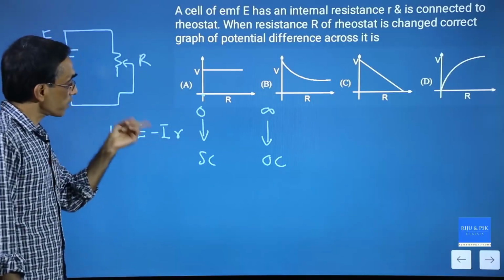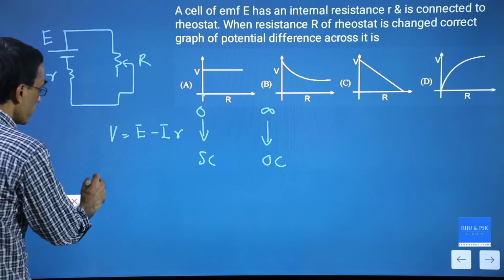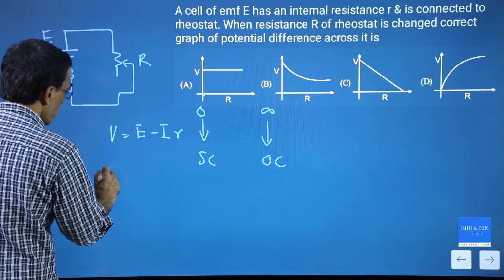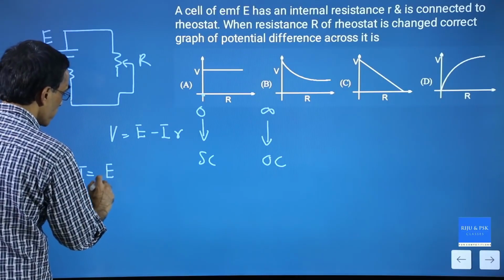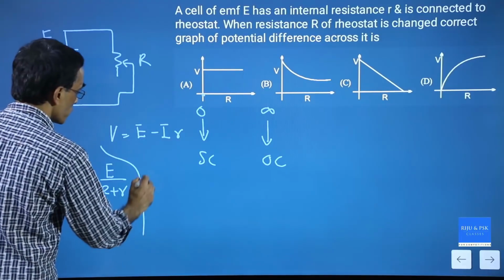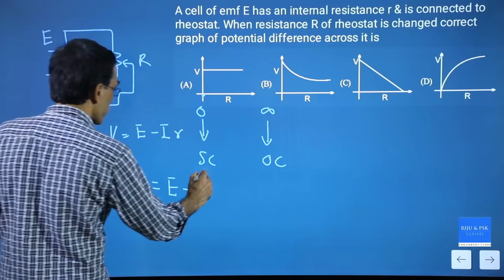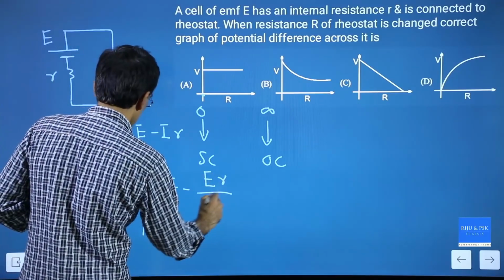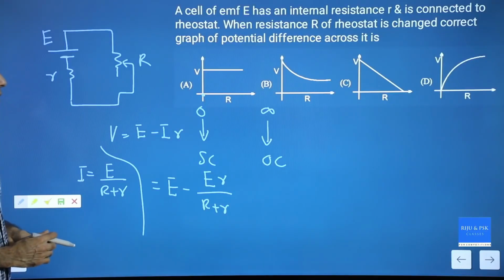So you have to write this in terms of capital R. Write V and R. I give you one more equation that we know: I is equal to E divided by R plus r. So you can substitute here. So you get V equal to E minus, instead of I, you write E into r by R plus r. Work it out, get the correct answer.